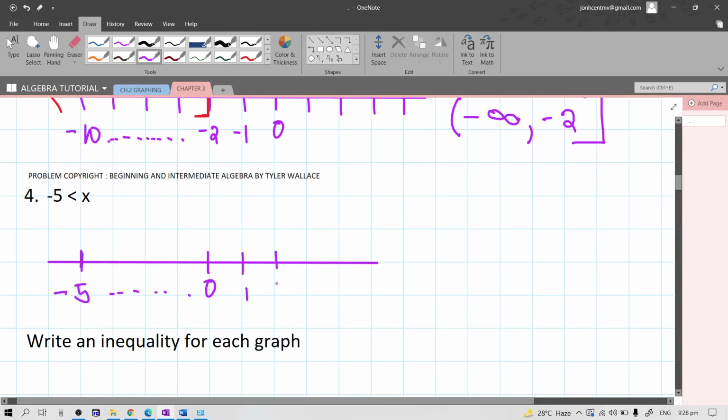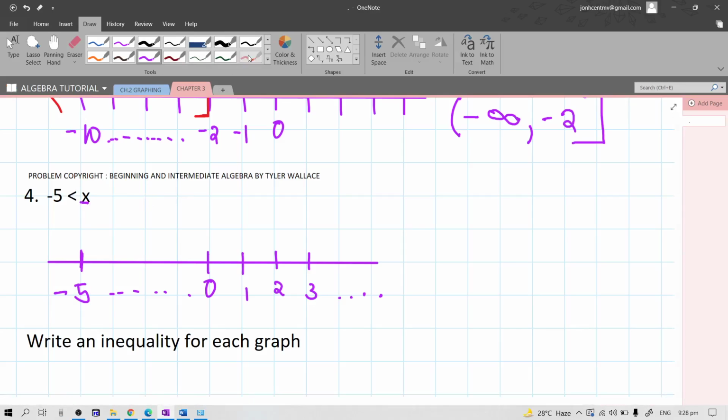This is 1, 2, 3, and so on. So negative 5 is less than x. So ibig sabihin, ihaharap natin siya dun kay x. Since this is less than only, we use parentheses.